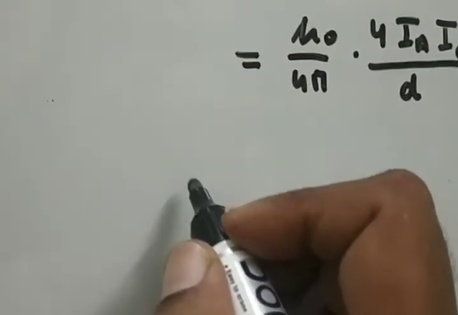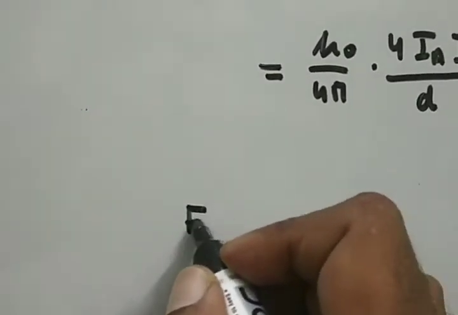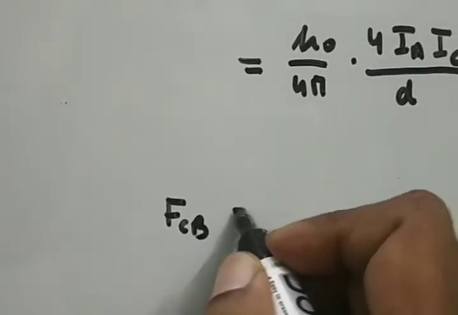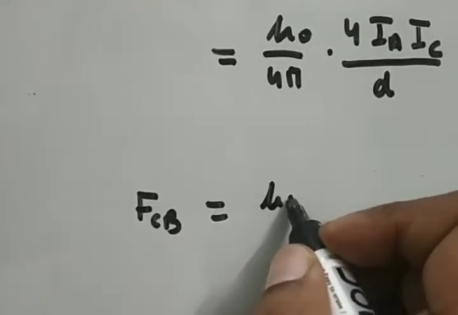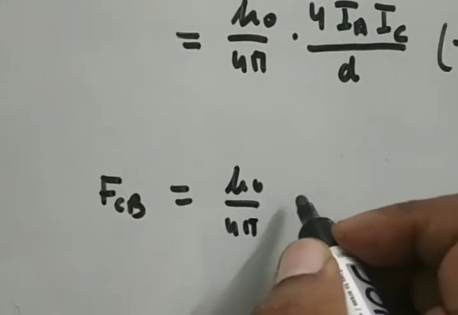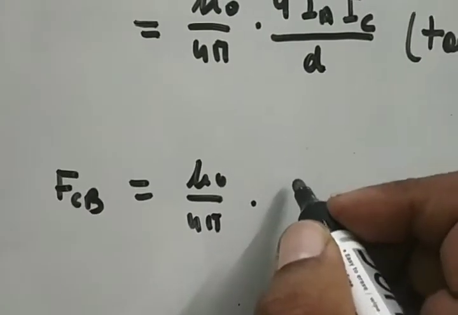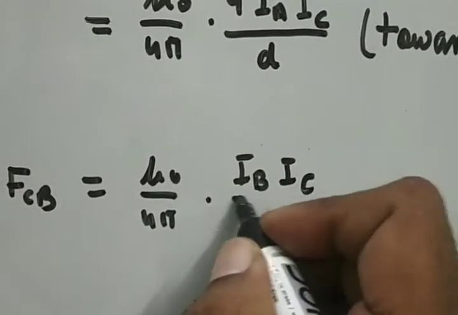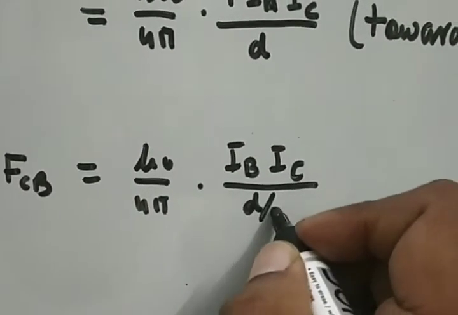Now the force on C due to B. So FCB, the magnitude of the force is mu naught upon 4 pi, 2 IB IC upon d by 2.